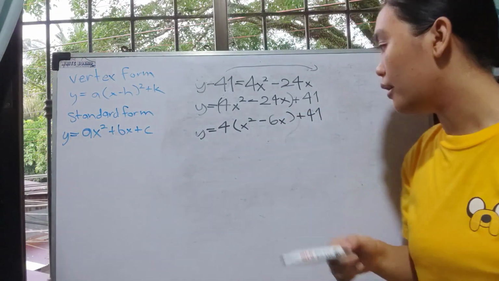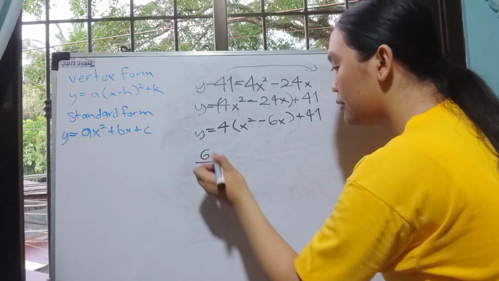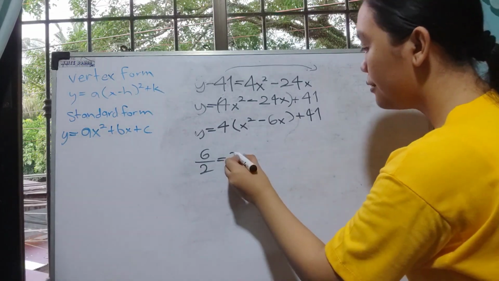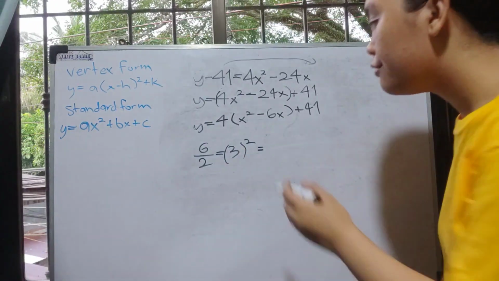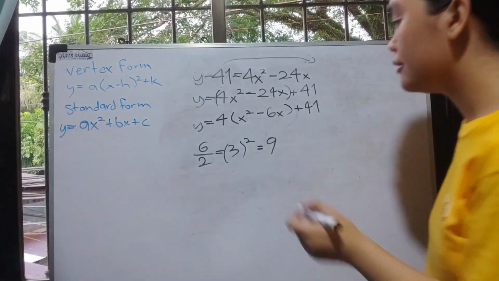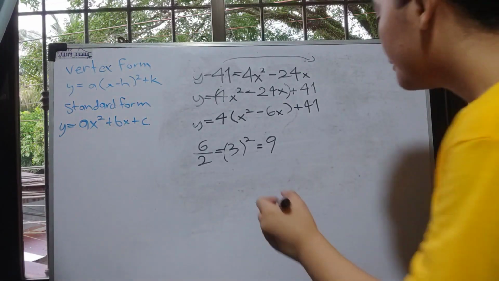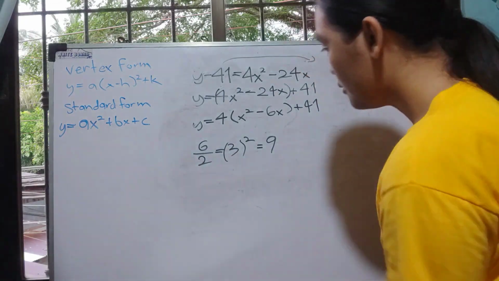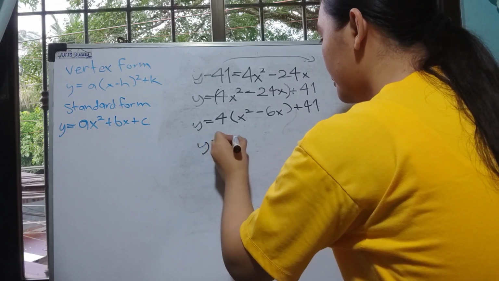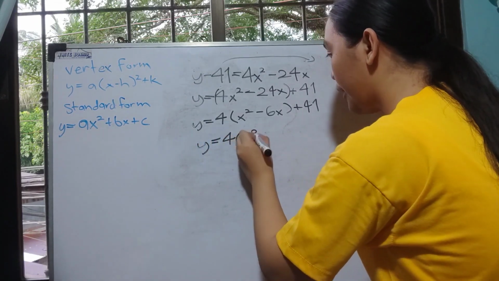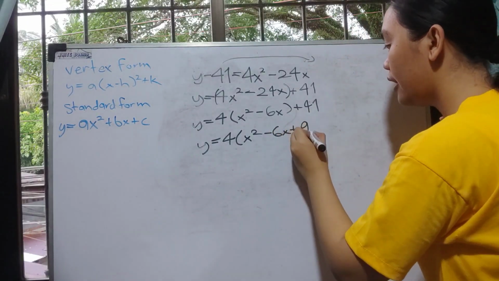Now we can complete the square. 6 over 2 is 3, and when we square 3, it becomes 9. So x squared minus 6x plus 9.